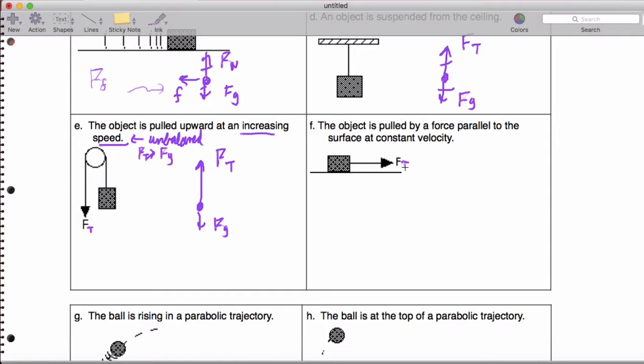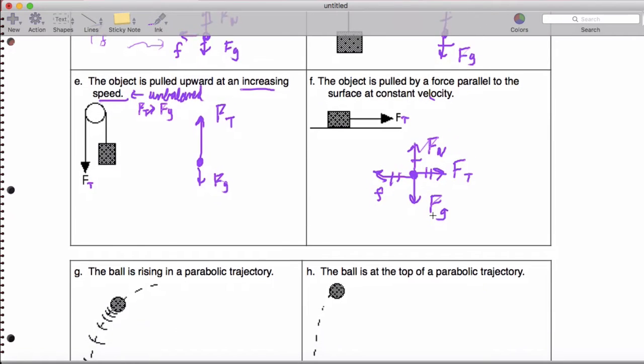So we'll call this tension. We've got Fn. We've got Fg. We've got our pulling force. And then we have this friction force here. These balance. But since we're moving at constant velocity, that means everything else is balanced too.